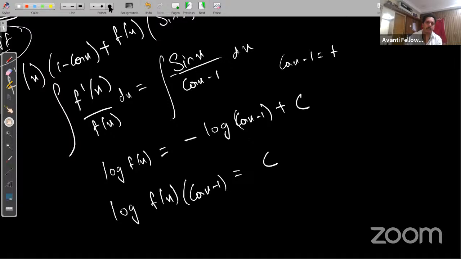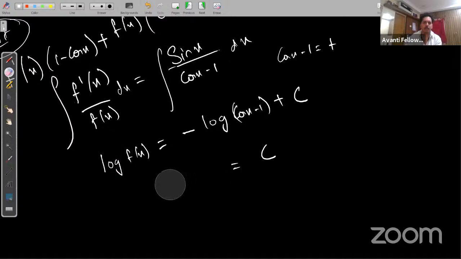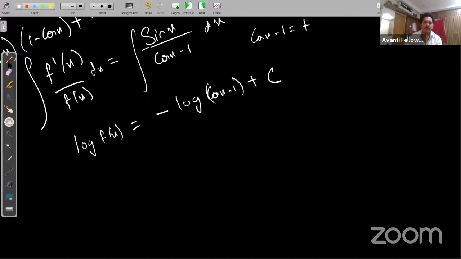Okay, so here one small thing we can do for our convenience. Look at here, everyone. See here, minus log of cos x minus 1. What can I write? Cos x I can write as 1 minus 2 sin square x by 2. Can I write it or not?